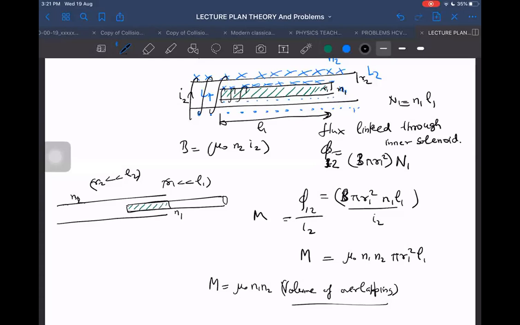I'm not saying current is entering here or going out, and I'm not telling the direction of induced current from this. We represent a solenoid like this. If I make this diagram, it means it is a solenoid, whether it is current carrying or without current. It is just a diagrammatic representation.